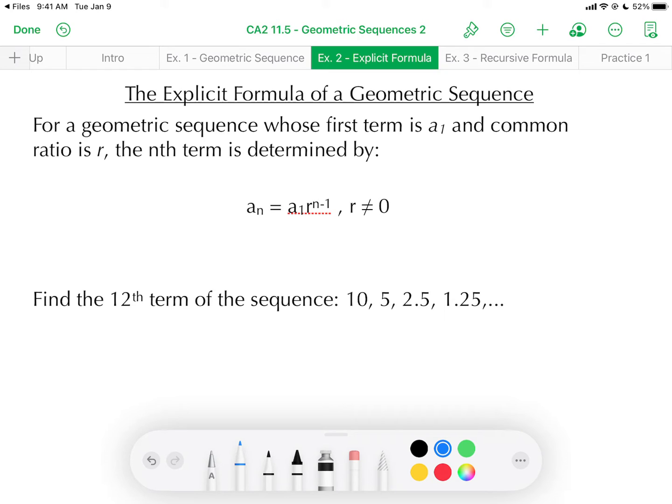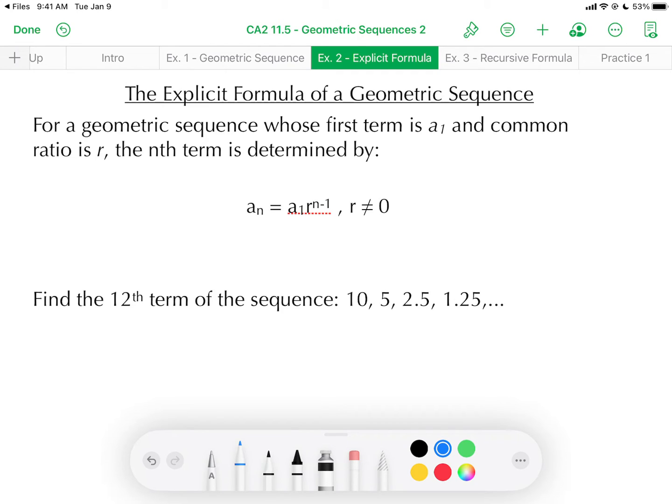So for a geometric sequence whose first term is a sub 1 and whose common ratio is r, the nth term is found by taking that first term of a sub 1 and multiplying it by the common ratio r raised to the power of n minus 1.